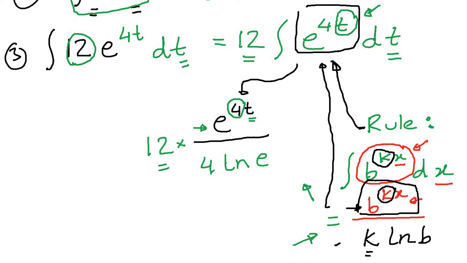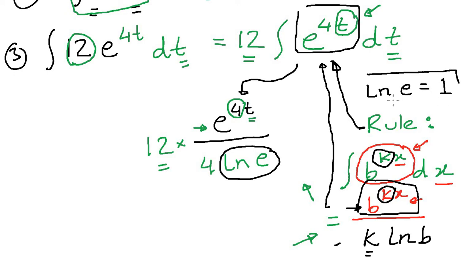Next what we can do is perform a simple simplification. Please remember, ln e is equal to 1. You can use your calculator and find out that ln e is equal to 1. So therefore no need to write this. This is just 1, no need to write this part. The 4 gets cancelled out with 12, you end up with 3. So ultimately the result is 3 into e to the power 4t.